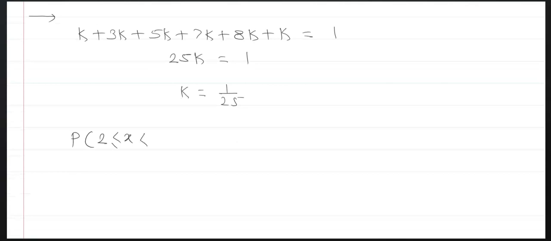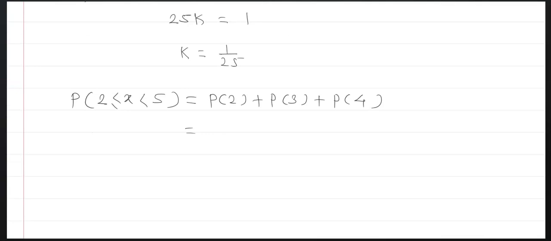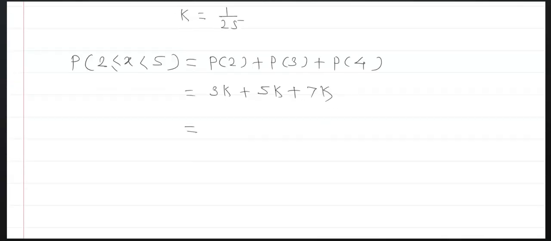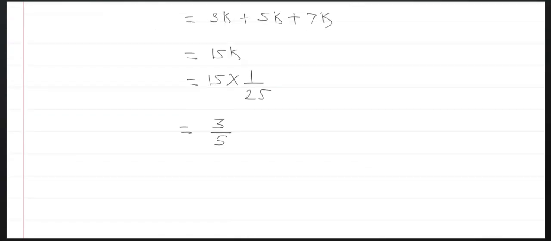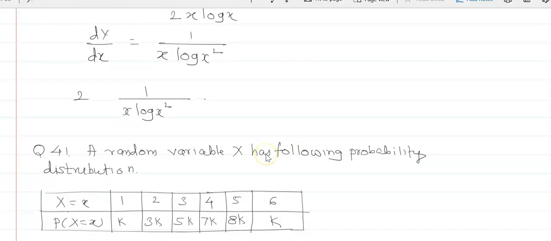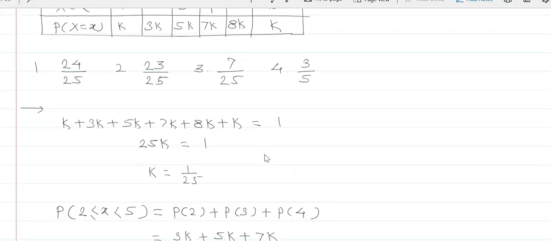P of x lies between 2 to 5, that is P of 2, 3, 4. Substitute: that is 3k, 5k, 7k, that is 15k, 15 into 1 upon 25, that is 3 by 5. In the same way, the sum of all is equal to k, k is equal to 1 upon 25.